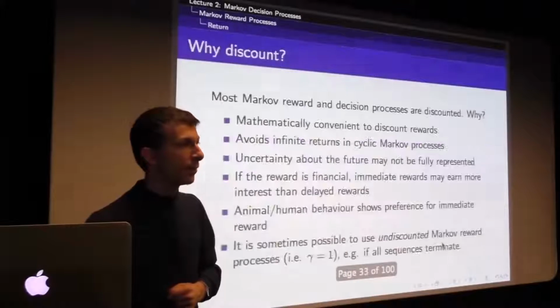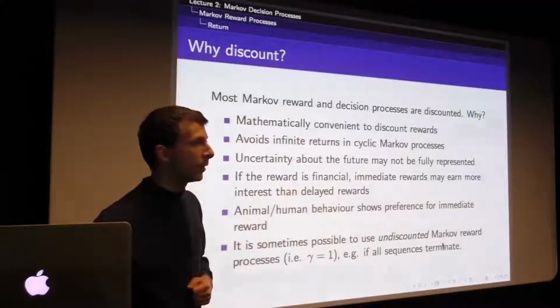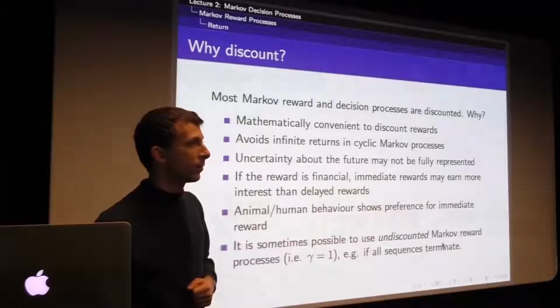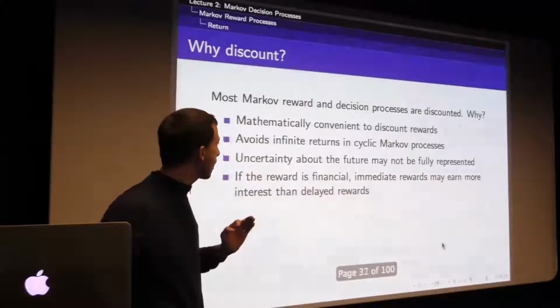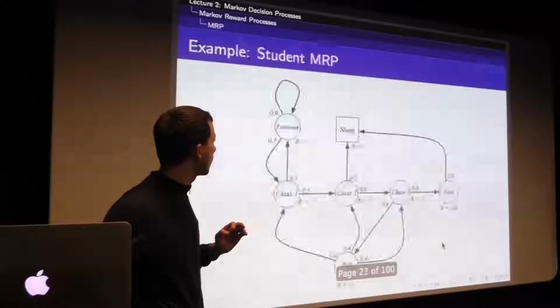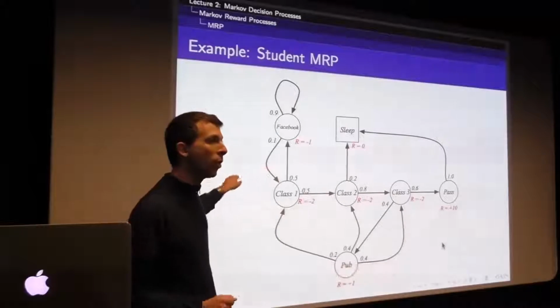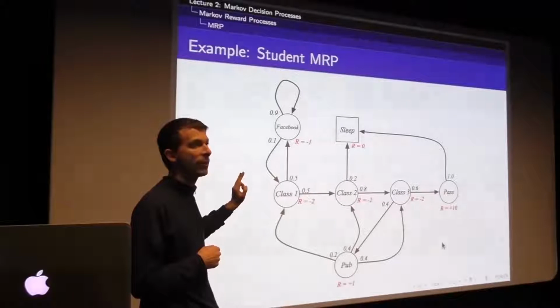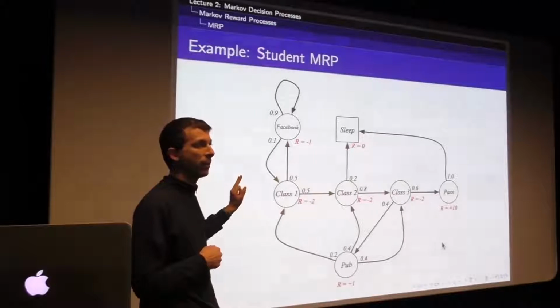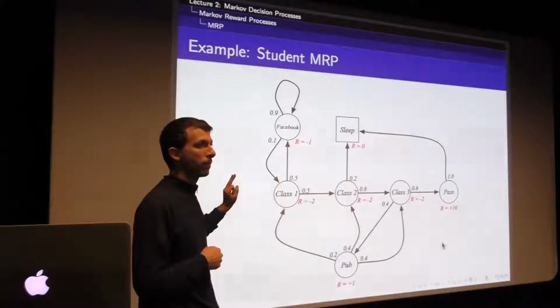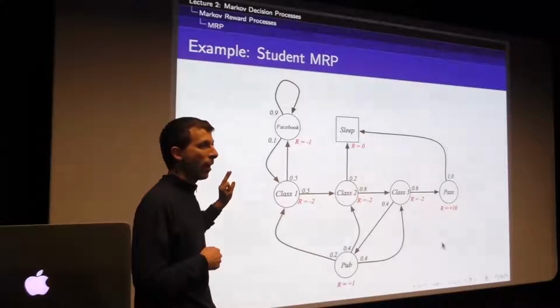But just to clarify, not all sequences terminate in the example you gave before. There are infinite sequences that would not end up in the sleep state. No, that's not true. Any single sample which you draw from this Markov process, by definition, is of finite length. You mean there isn't some part of that process where I could just end up in an infinite loop?